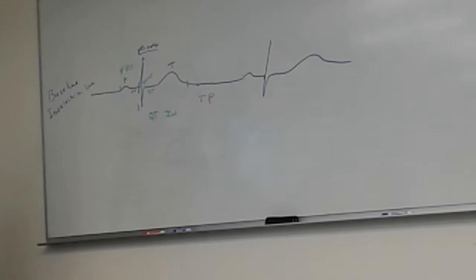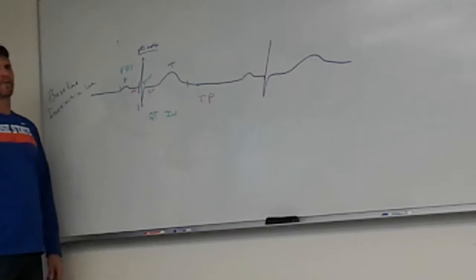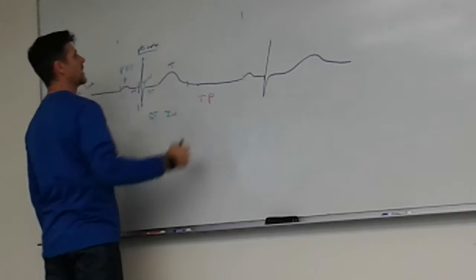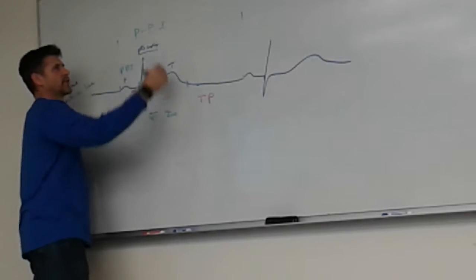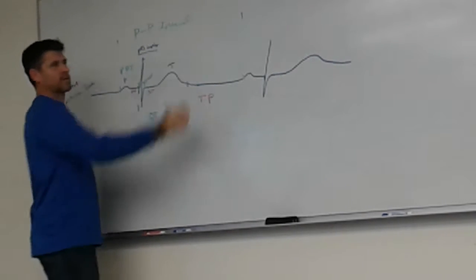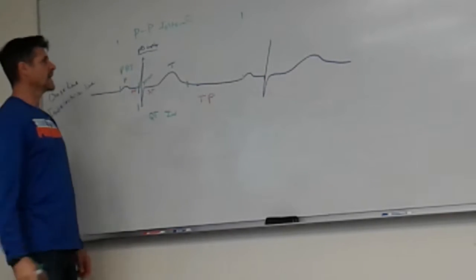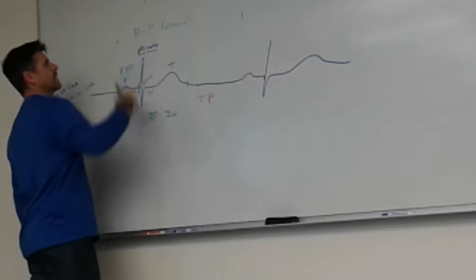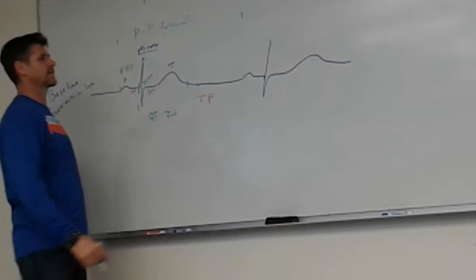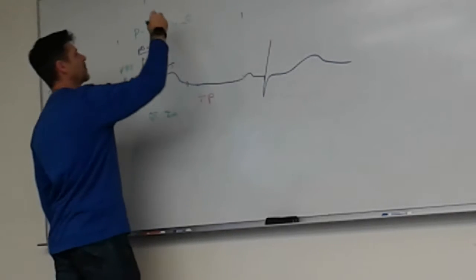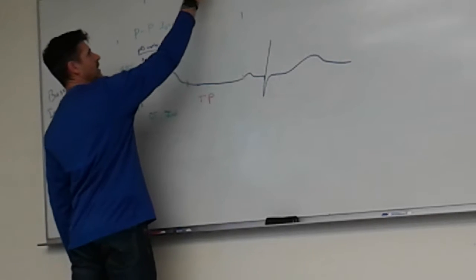Make sense? We also have an interval that goes from the beginning of the P wave to the beginning of the next P wave. And that is referred to as our P to P interval. Okay? And we can have an interval that starts at the beginning of the QRS complex, going to the beginning of the next QRS complex, and we refer to that as the R to R interval.